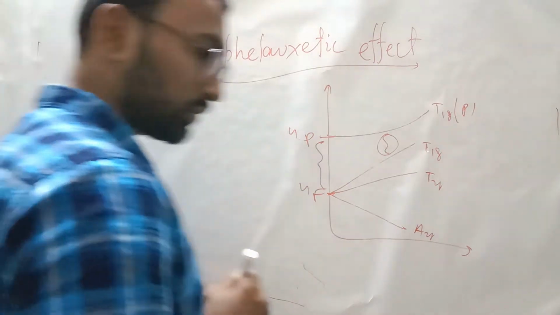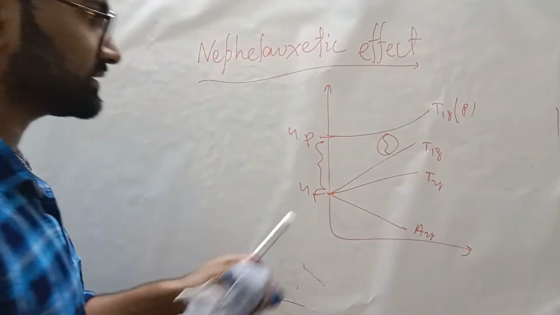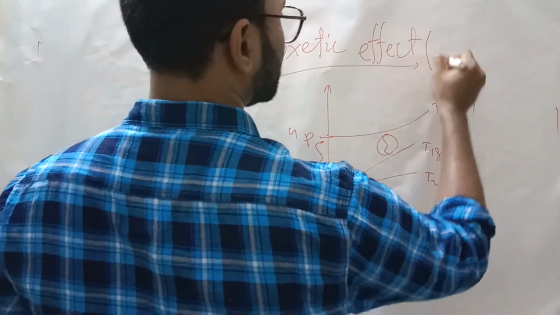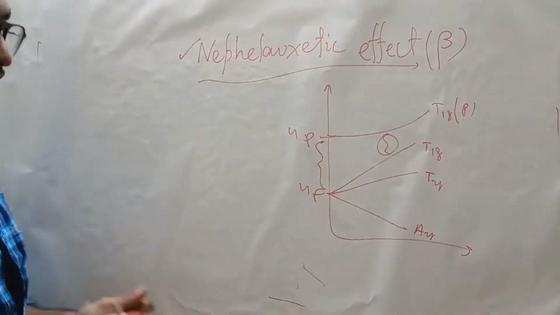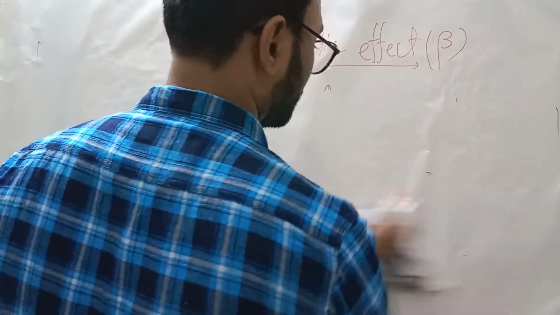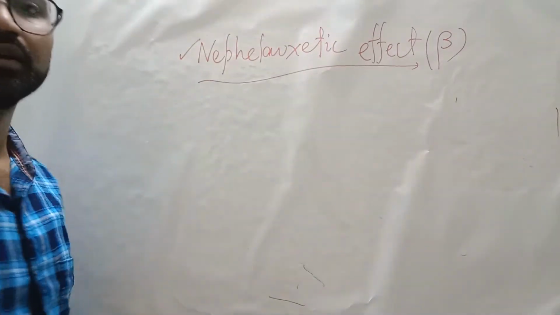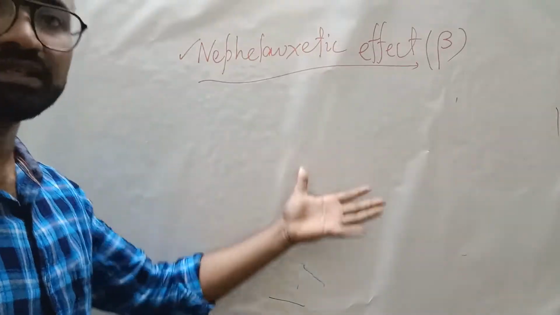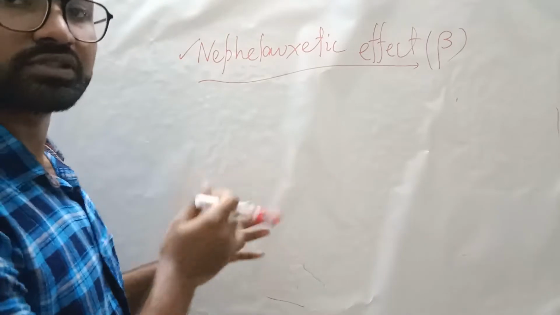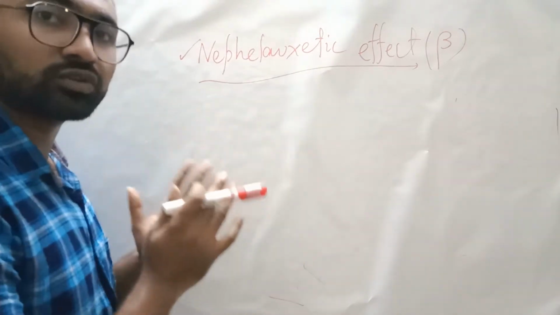This is the nephelauxetic effect, which is represented by beta. This beta measures the inter-electron repulsion between the Russell-Saunders terms, between the metal electron clouds.